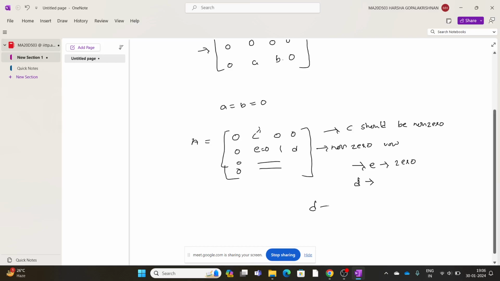It is not going to affect our row echelon form. D can be 0 or non-zero. So, these are all the possible values for A, B, C, D and E.